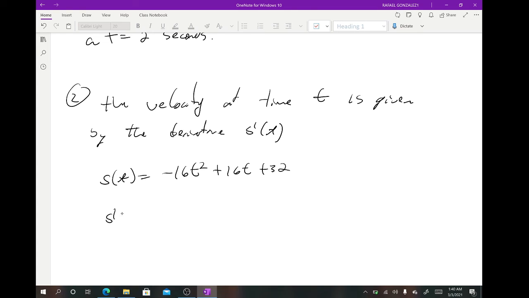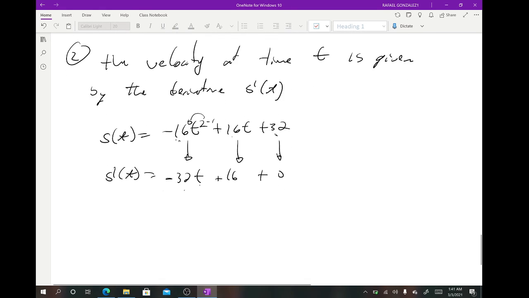So s prime of t, the derivative of this piece is 2 times 16, so it's negative 32t, and then plus 16. The derivative of 32 is 0, so plus 0, you don't have to write it. The derivative of 16t is just 16. Remember, you take the 2, bring it down, multiply by the 16, and then you subtract 1. So that's where we get negative 32t.